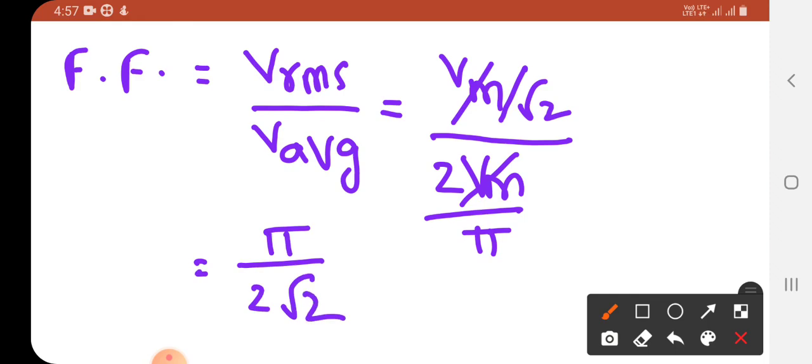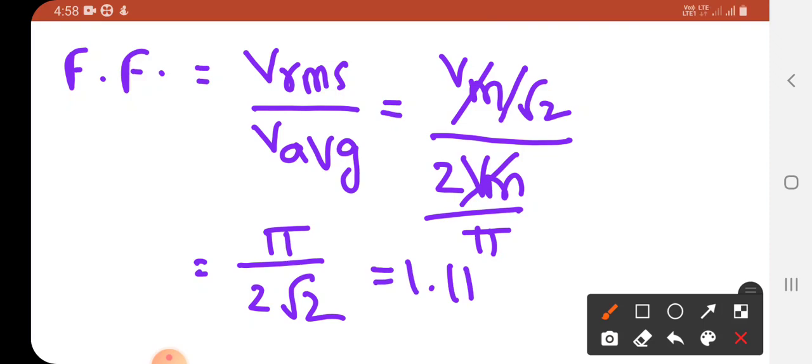You need to substitute pi as 3.14, that is 22 by 7. You will get 22 divided by 7 divided by 2 root 2, which is 1.11. So this is the derivation for all sinusoidal quantities.